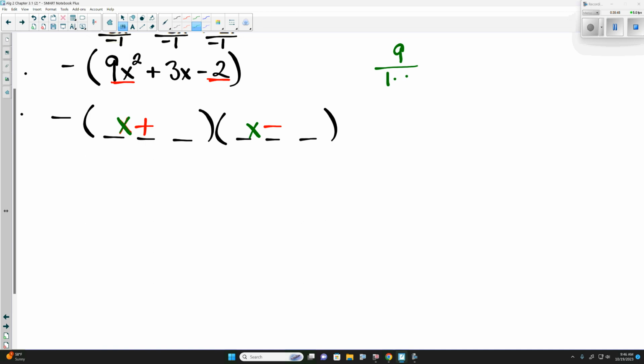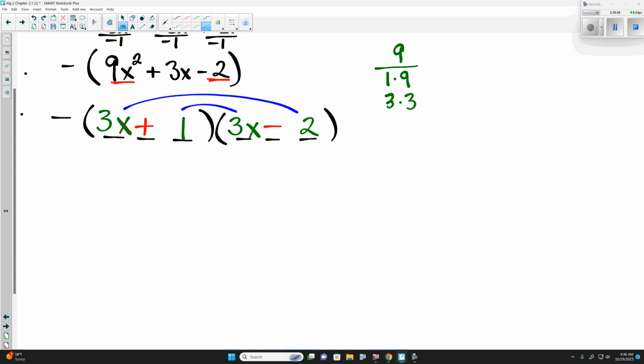Factors of 9 are 1 and 9 or 3 and 3. Which one do we want to try first? Factors of 2. 1 first, 2 second. And the last thing we can do is check.